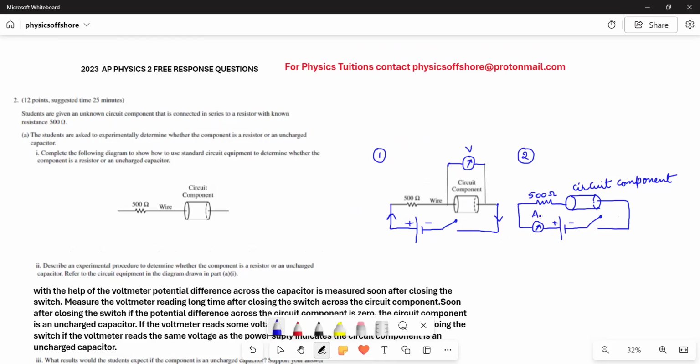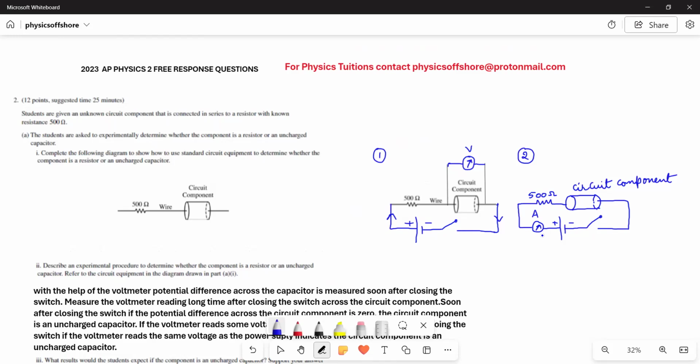Third method is take out the ammeter and keep a bulb, just an incandescent bulb. A small test bulb will be available in the laboratory that you connect. Soon after closing the switch, you see how the bulb is glowing. And then after a long time after closing the switch, see how the bulb is glowing.